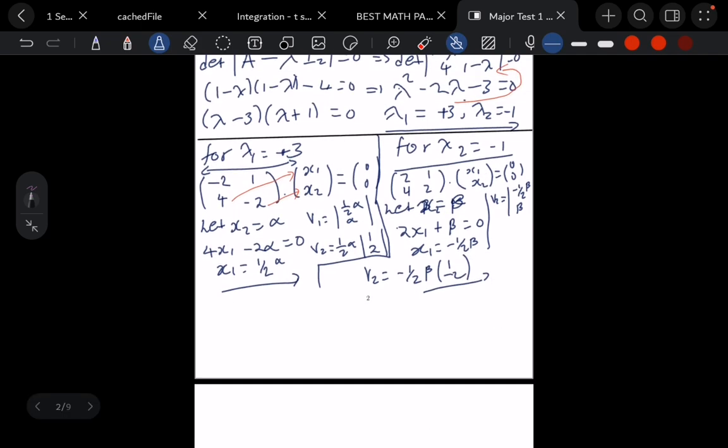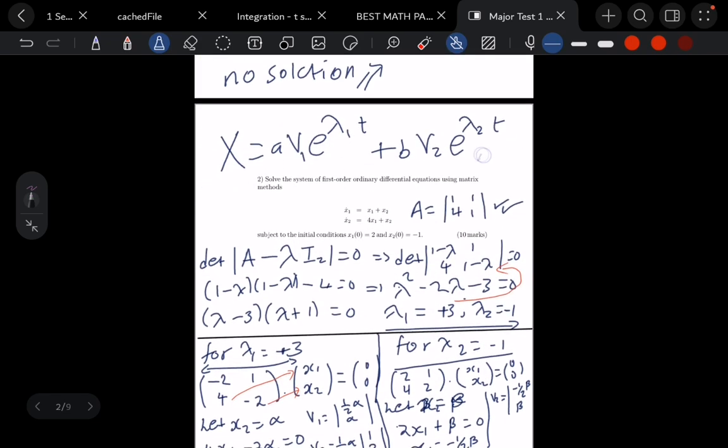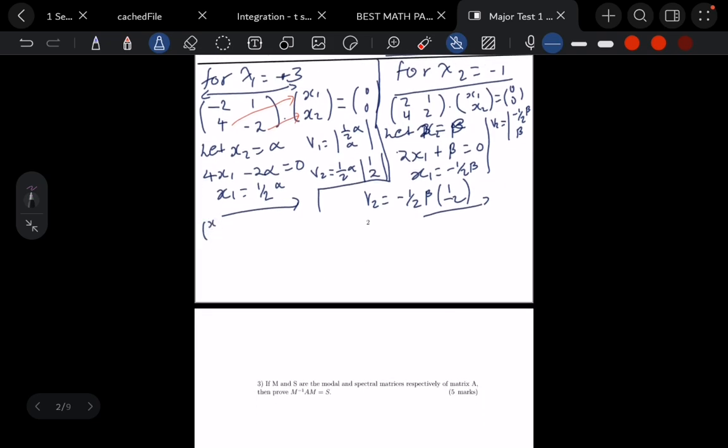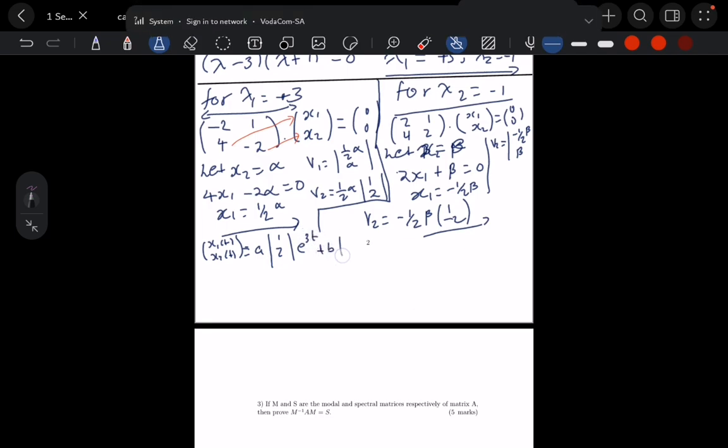And then what we are going to do next, we are going to substitute it back to this equation. If you do that, I'm going to have x1 of t, x2 of t is equal to a times v1, which is 1, 2, e to the power 3t, plus b times 1, negative 2, e to the power negative t.